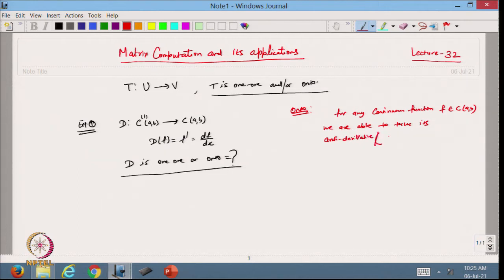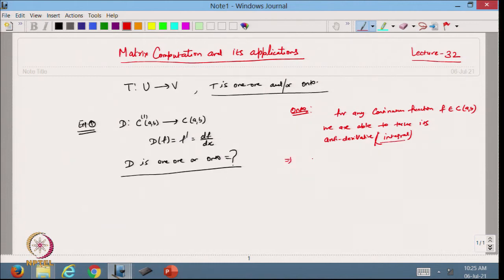The antiderivative is basically the integral. Every continuous function in the given interval A B can be integrated, so for any continuous function I can define its integral.